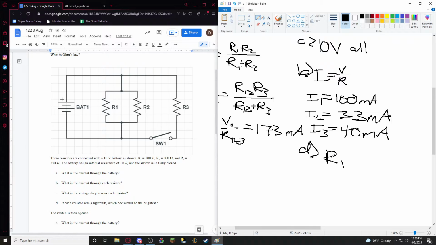In order to figure out which one's brighter, we base it off the power, P equals I times V. The voltage is the same throughout, but each one has a different current. The current in R1 is stronger than in R2 and R3, so the light bulb will be brighter because of the power. Exactly. I could not have said it better myself.